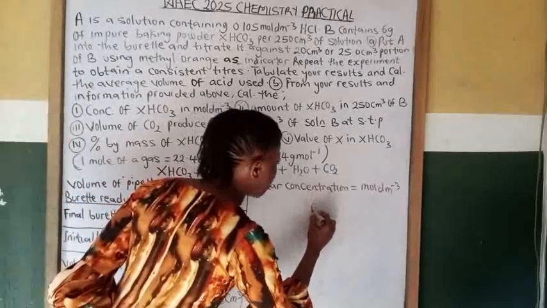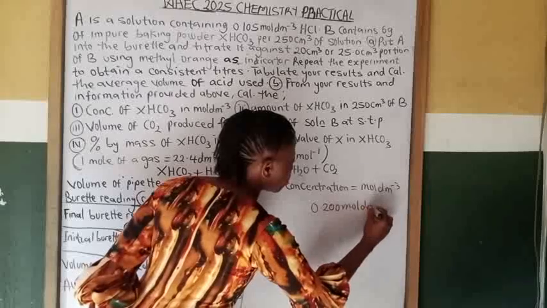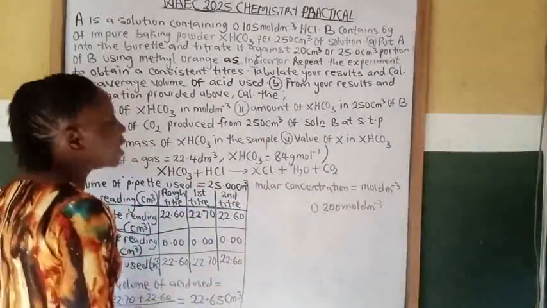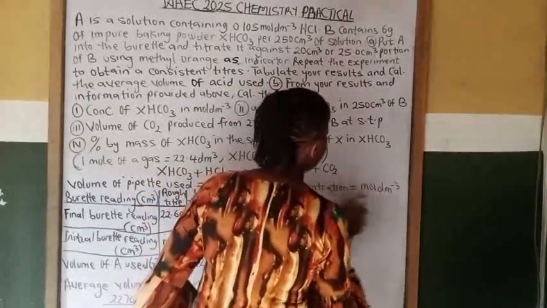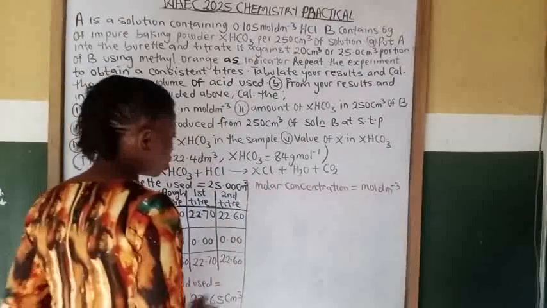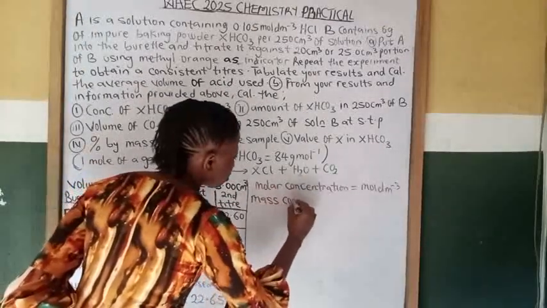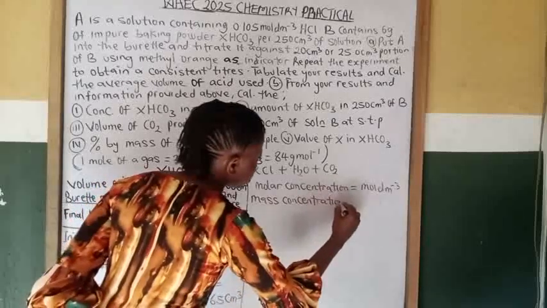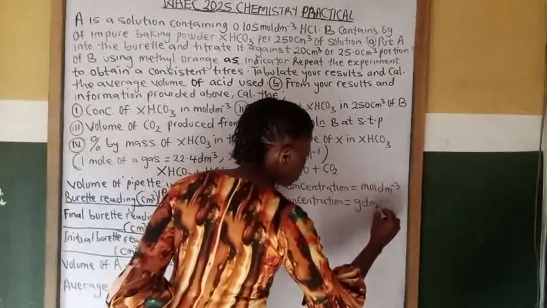So let's take for example 0.200 mole per dm cube. When you see something like this, they are talking about the molar concentration. Then another one is mass concentration. Mass concentration is always in gram per dm cube.